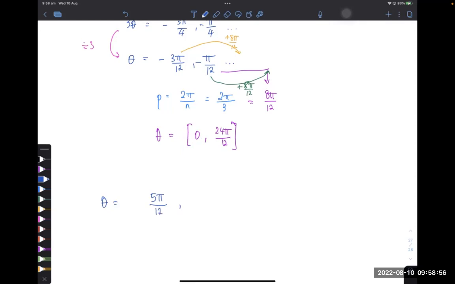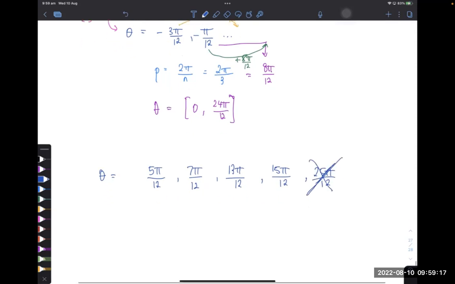Next one up is 7 pi on 12. From here, I can just look at this one and go, okay, plus 8. So that's 13. 7 plus 8 is 15. 13 plus 8 is 25. That's not in. So we remove that.